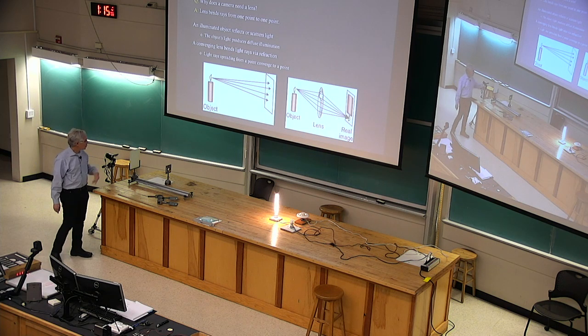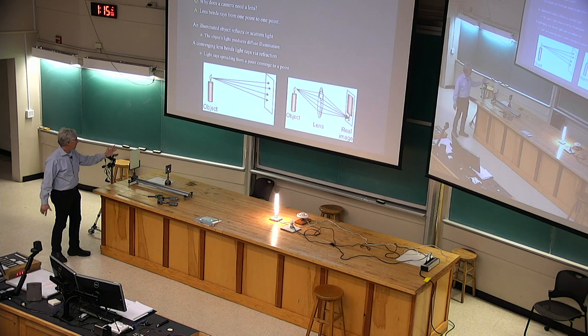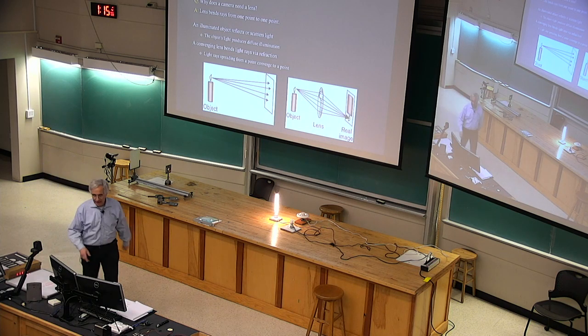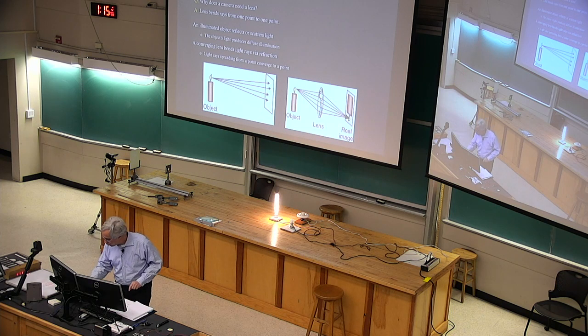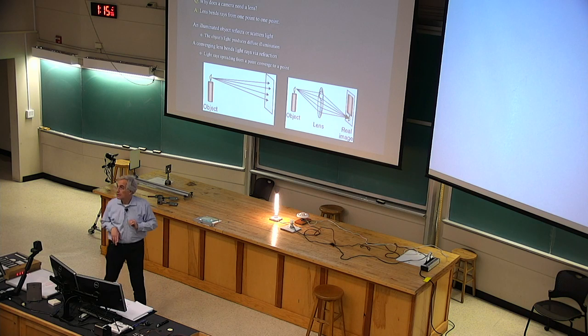And some of it hits the screen, and if we look at the light pattern on the screen, I can look at it like this. Because it's a semi-transparent ground screen, we can look at it from the back also. So let me look at the back. Okay, so you're now looking at the screen.